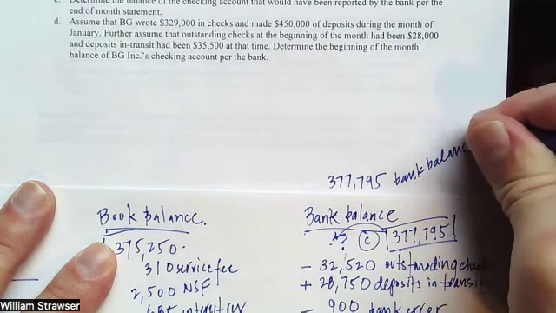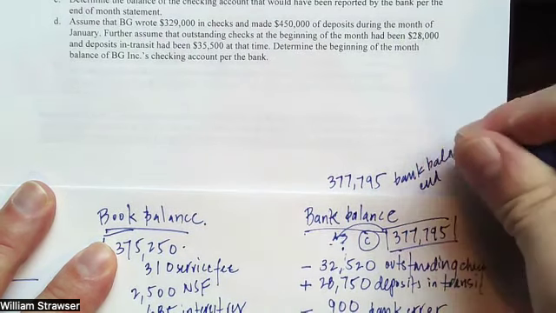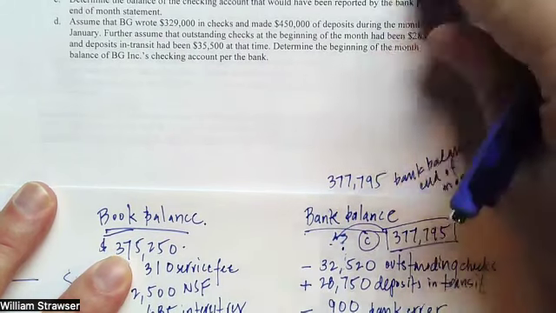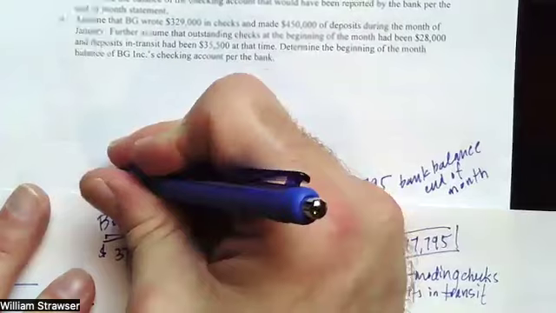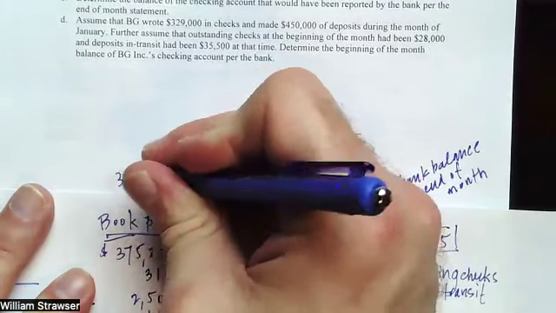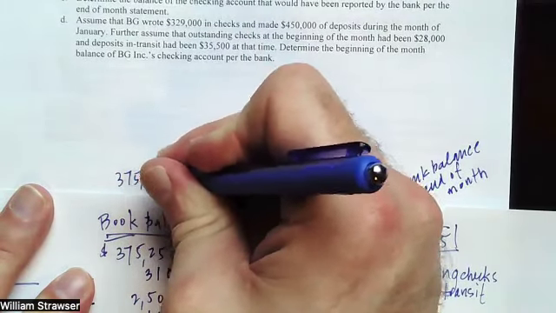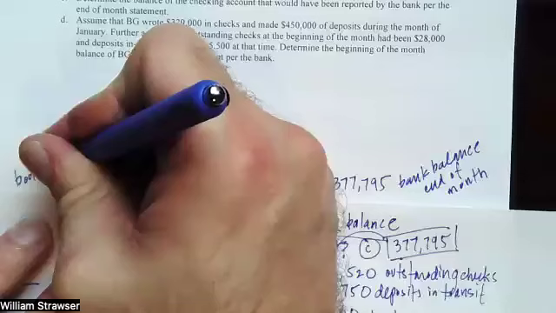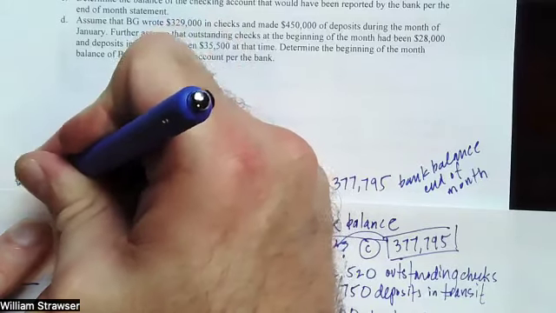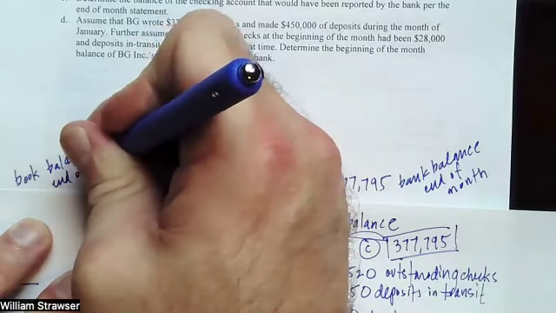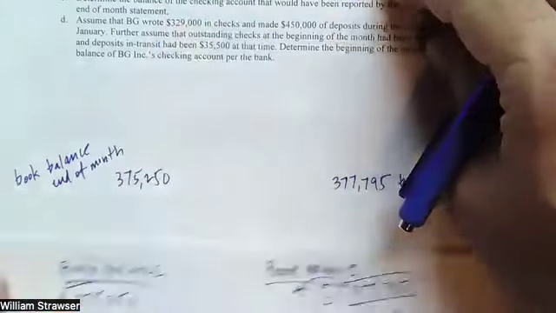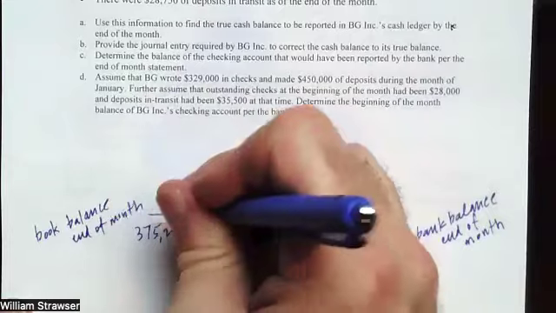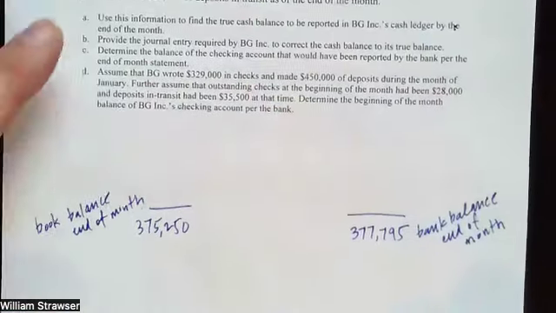And again, just write end of the month to keep yourself on pace of where we are. Remind yourself 37,375,250 is the book balance. All right, so these are where we got at the end of the month of January.